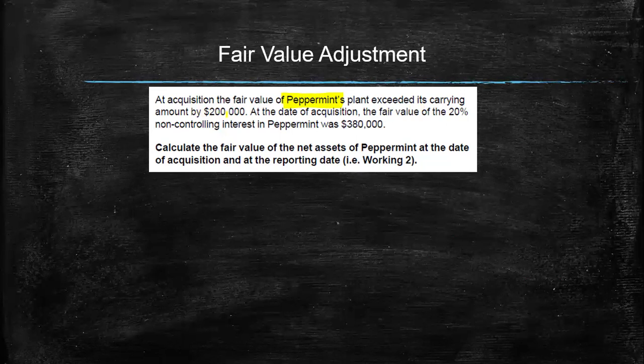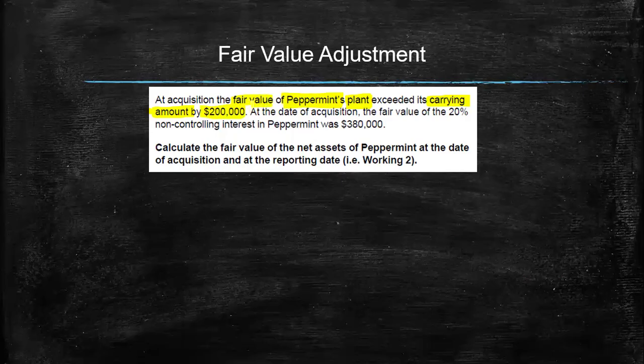So they may sometimes tell you that one of the assets of the subsidiary, for example, in this case, the plant of the subsidiary, has a higher fair value than the carrying value of the plant. Now, the carrying amount of the plant, the value of the plant recorded in the books of Peppermint, is whatever it is, 200,000 less than the fair value of this plant, of this asset.